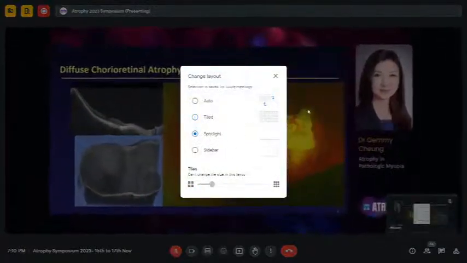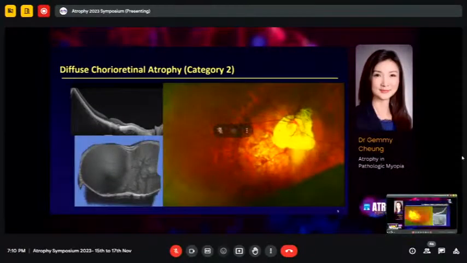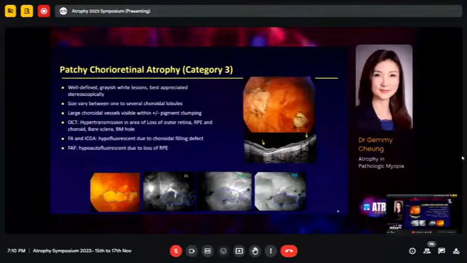You can see the color change on the fundus photography, in this case particularly co-localizing to the deep staphyloma. In the corresponding OCT, we note that in this area, possibly explaining the fundus appearance, there is extreme thinning of the choroid and choriocapillaris. Moving to more severe types of atrophy in pathologic myopia, in category 3, now we see patchy chorioretinal atrophy.